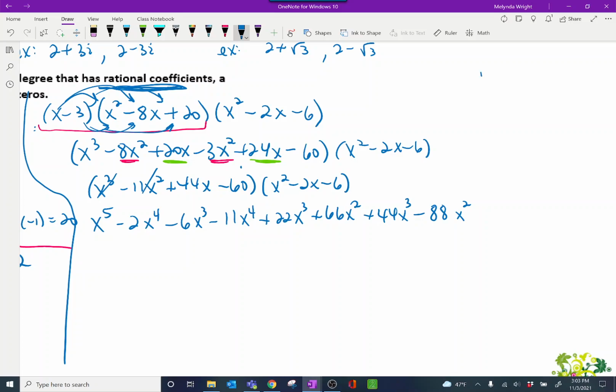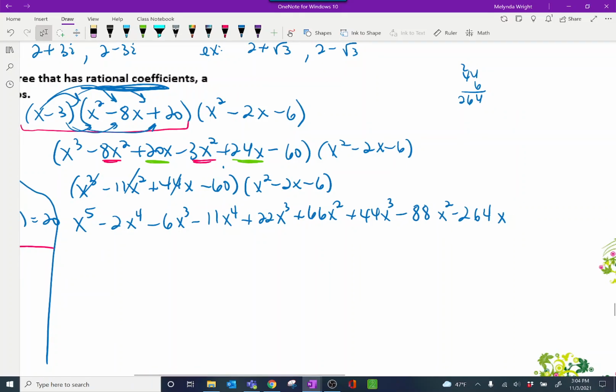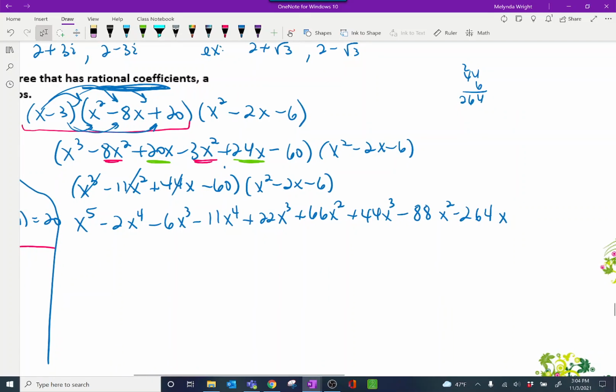So let's see, 44 times 6, 6 times 4 is 24, 6 times 4 is 24 plus 2 is 26, so minus 264x. Whew, okay. Done with the 44, thankfully. Now the 60, oh gosh, big numbers. You guys know big numbers drive me crazy.